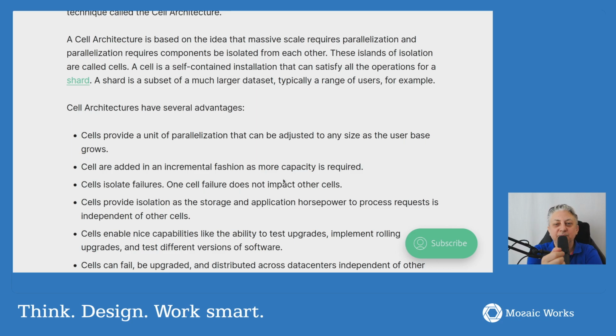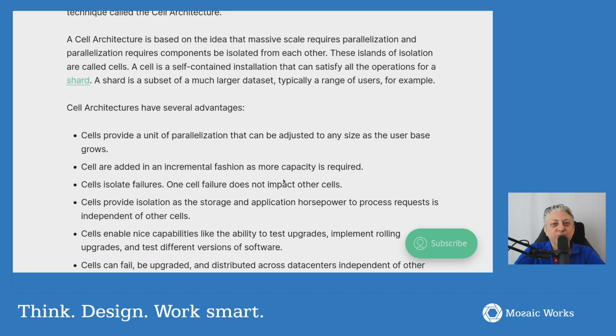So one example would be if you're dealing with people, if their names start from A to D, they are in the first shard. If their name starts from D to G, they are in another shard, and so on. Not the best way to do that, obviously, but it's just an example.